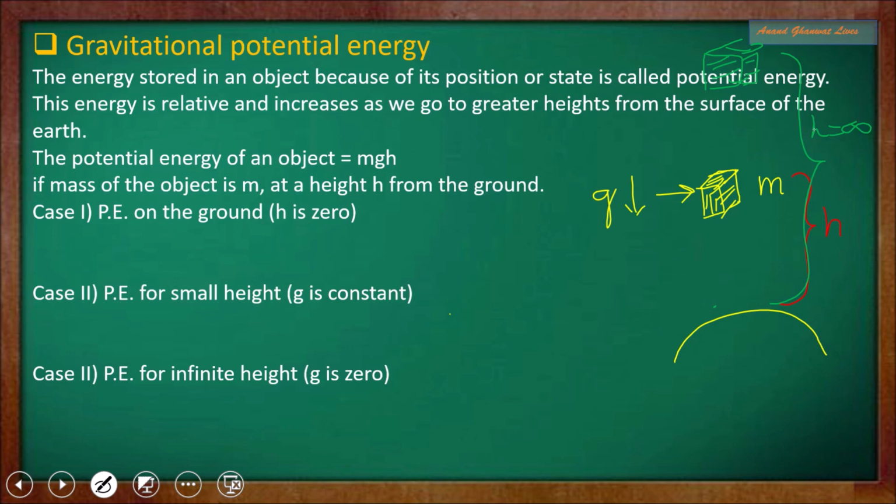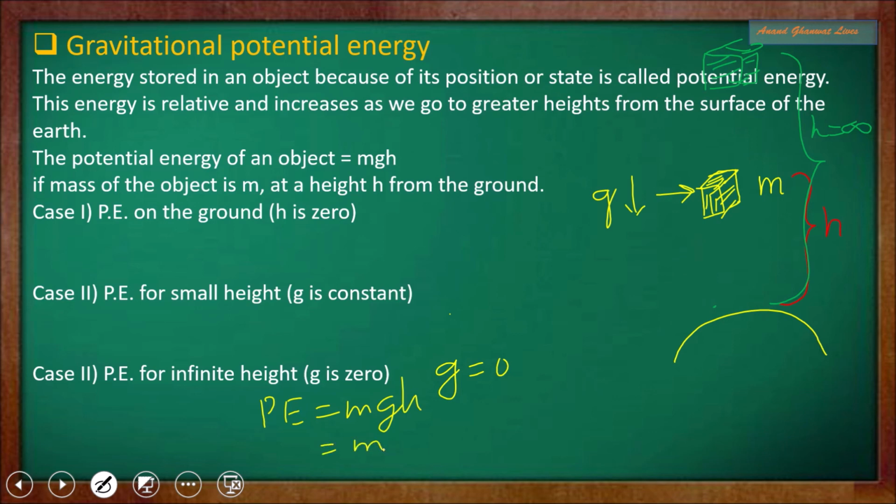Now we know that the value of g depends on the distance of the object from the earth's surface. But when this height is greater and greater, or it is infinity, then value of g is 0 there. So value of g is 0 there when object is at infinite distance.